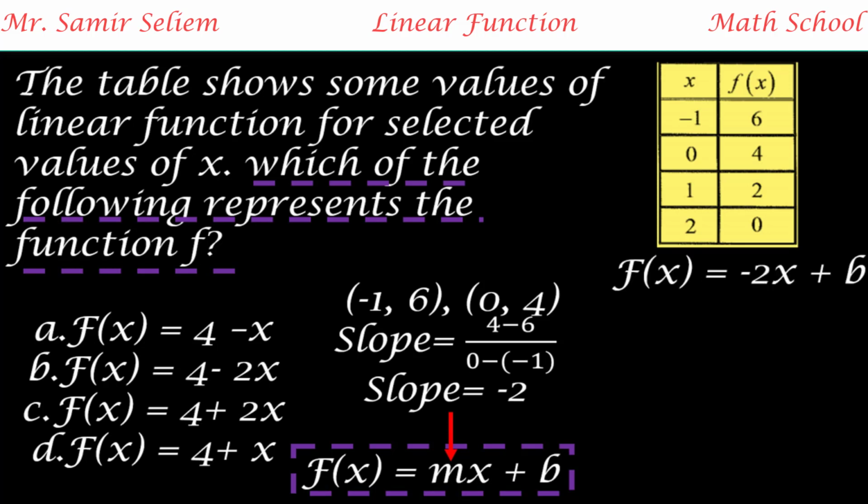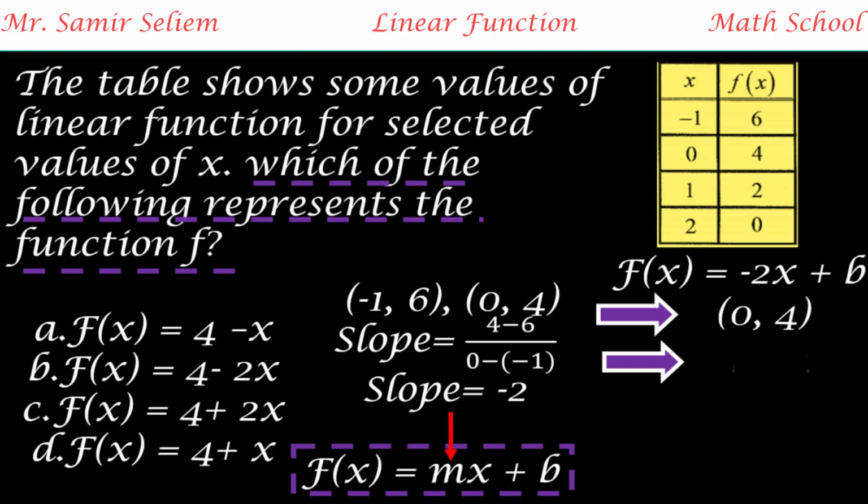But the function here without the y-intercept, how can you find it? It's easy. Just take any point, like 0, 4. Here we have f of 0 equals 4. So cancel f of x and write 4, and cancel x and write 0.